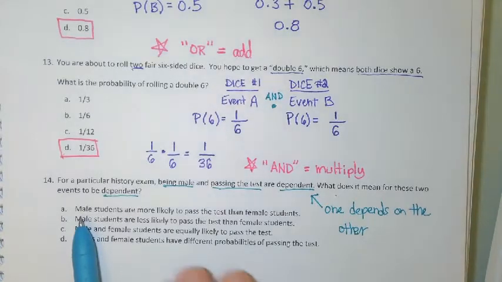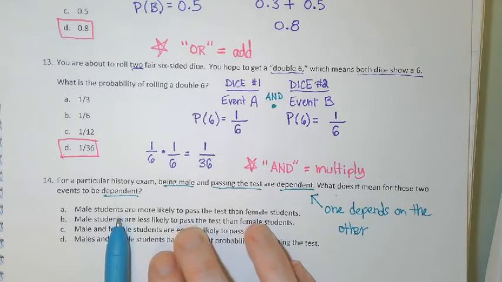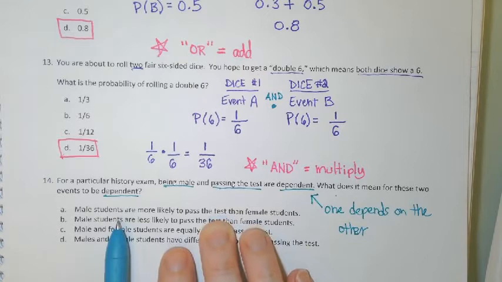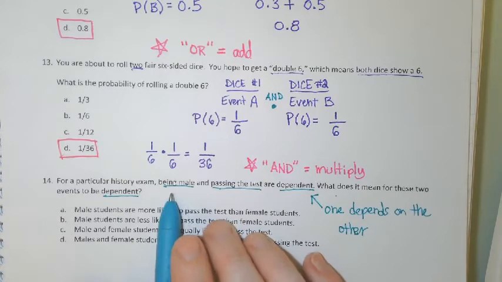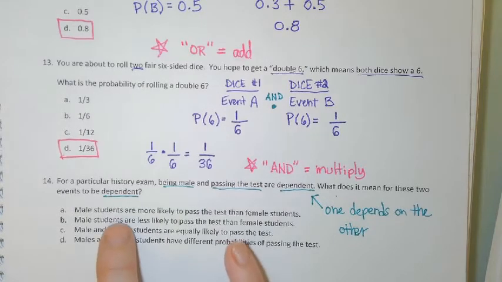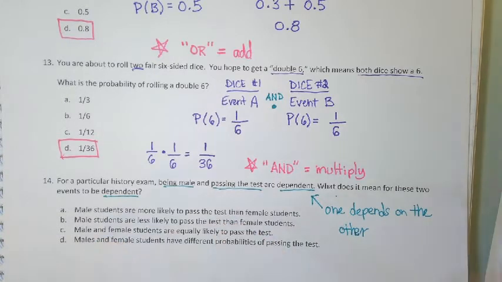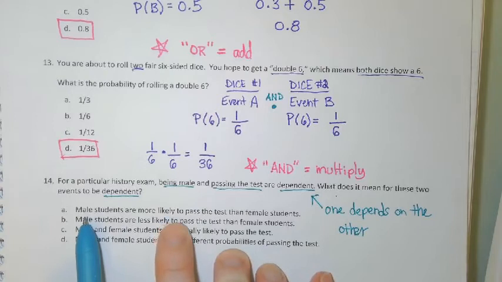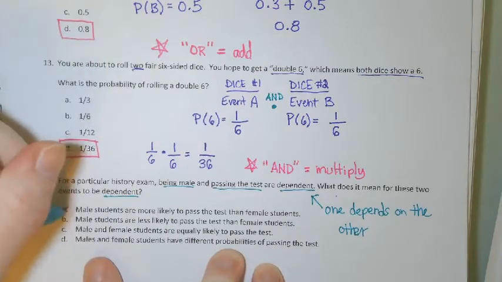Answer choice A says this means that male students are more likely to pass the test than female students. We do know that being male or female is related to how well you do on the test, but they did not tell us what that difference meant. They did not say whether being male was going to mean you do better or worse on the test. So we just don't have enough information to say that male students are more likely to pass than female students.